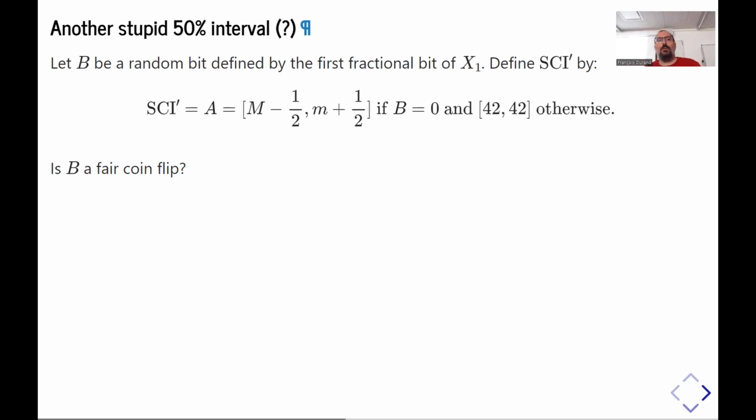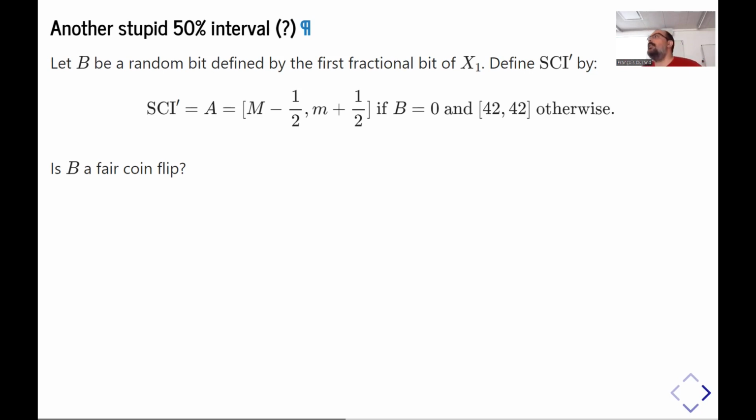You write x1 in binary notation, and you look at the first digit, the first bit after the comma. And then similarly to before, you define the second stupid confidence interval by A if B is equal to 0, and by, let's say, the empty set otherwise.